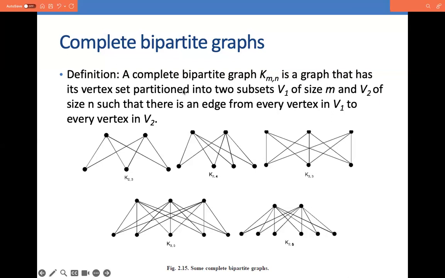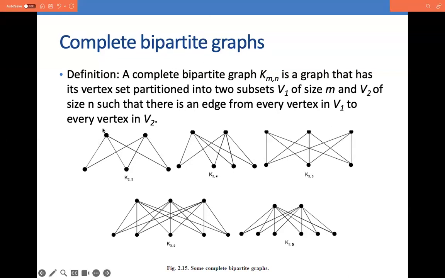It has its vertex set partitioned into two subsets V sub 1 and V sub 2, such that there is an edge from every vertex in V sub 1 to every vertex in V sub 2. Okay, so this is the formal definition of a complete bipartite graph.